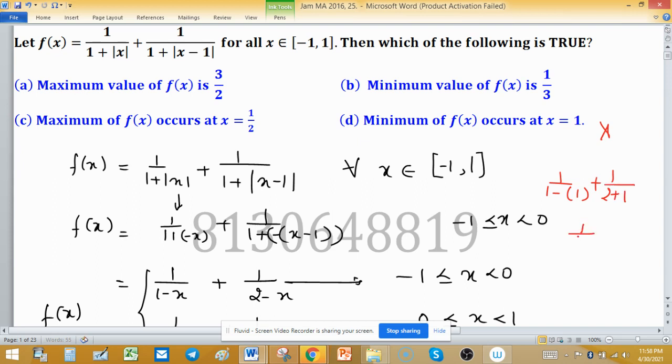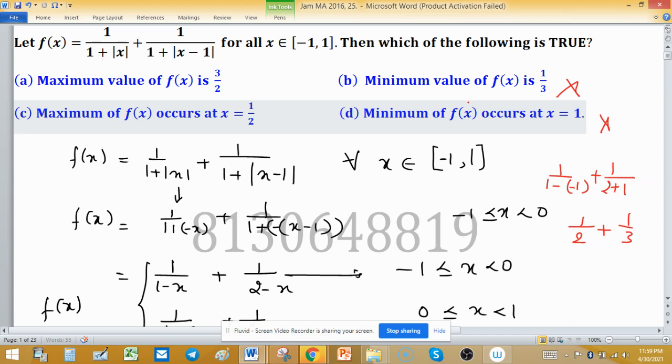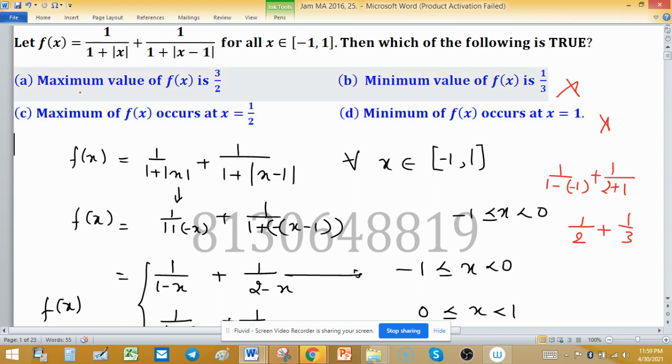It means 1/2 plus 1/3, which means this is not true. The minimum value of f(x) is 1/3. This is a false statement. Means we have two remaining options, A and C. Maximum value of f(x) is 3/2 and maximum value at 1/2.